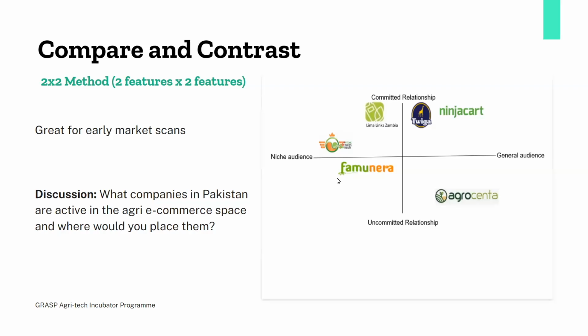On the vertical you see the strength of the relationship with your buyers and sellers, because on the e-commerce platform you need both. So the strength of that relationship or the commitment involved in that relationship, and on the horizontal you see niche audiences, very limited focused audiences versus more mass market general approach, right?